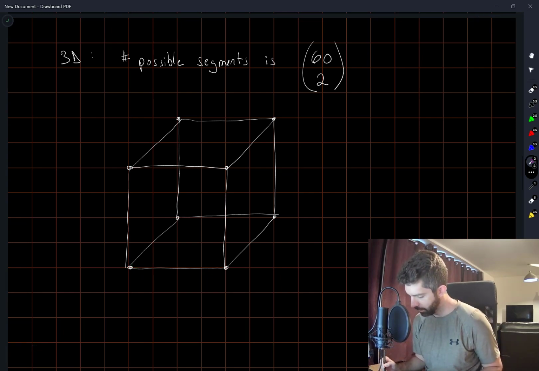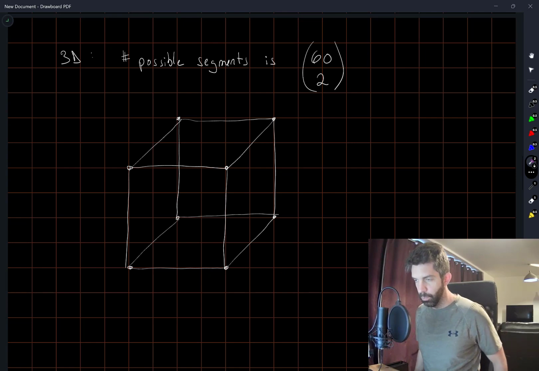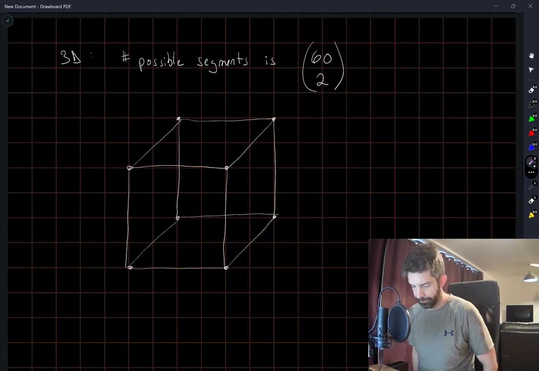Okay? So I've got a cube of side length 2, and all of the vertices of this cube will be in the original set S.